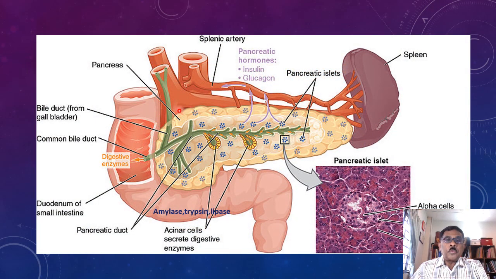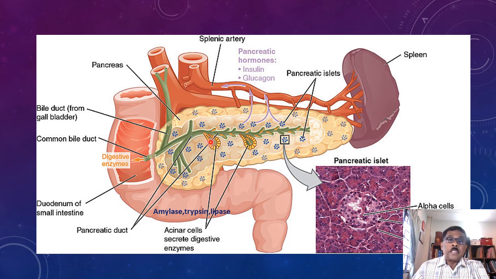This diagram shows the general structure and location of the pancreas. It's made up of two main components. The major component is composed of acinar cells, which secrete the digestive enzymes amylase, trypsin, and lipase, which are responsible for the digestion of carbohydrates, protein, and fats, respectively.